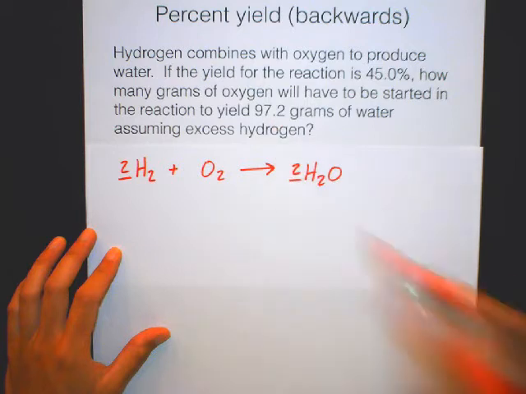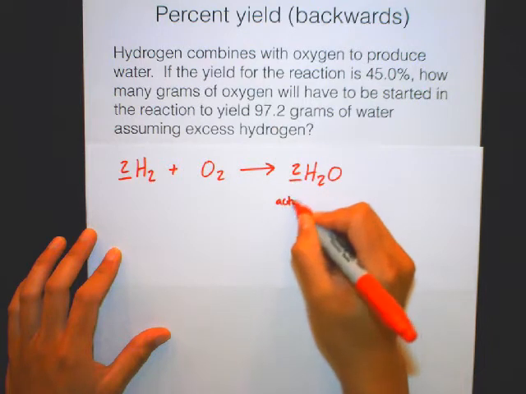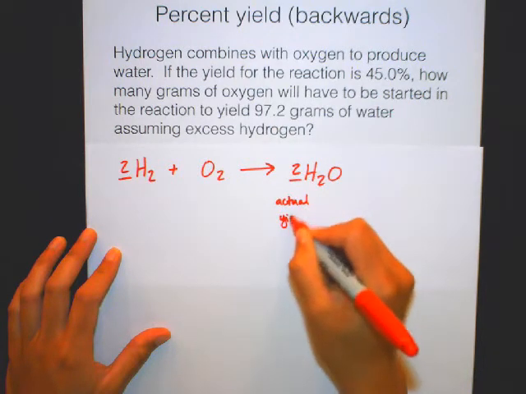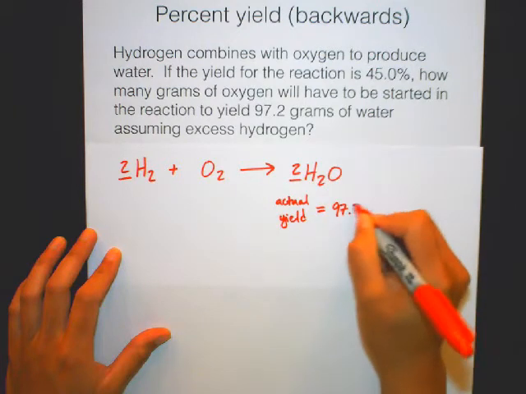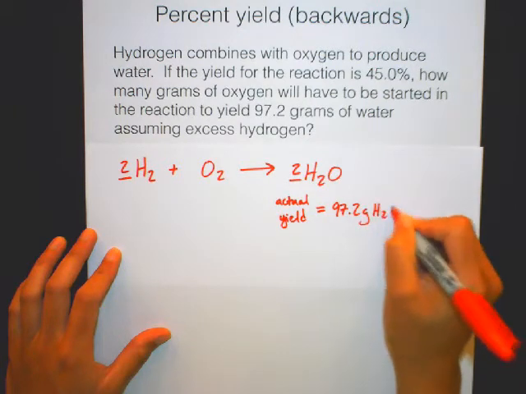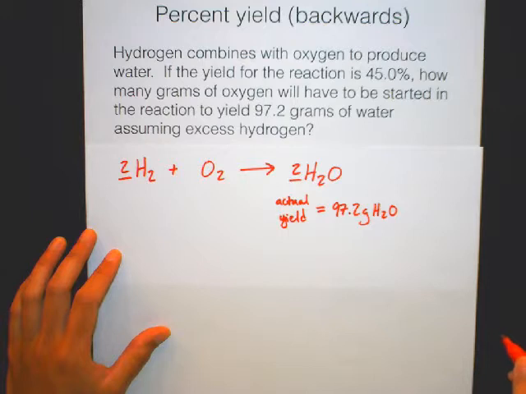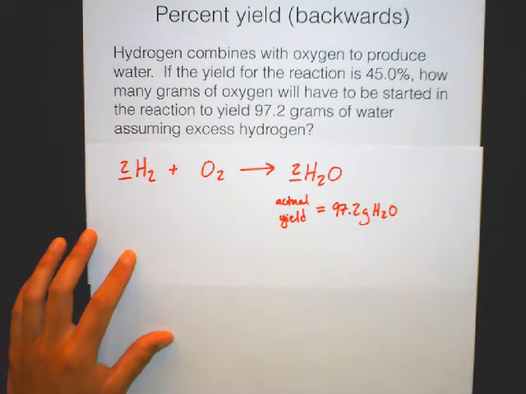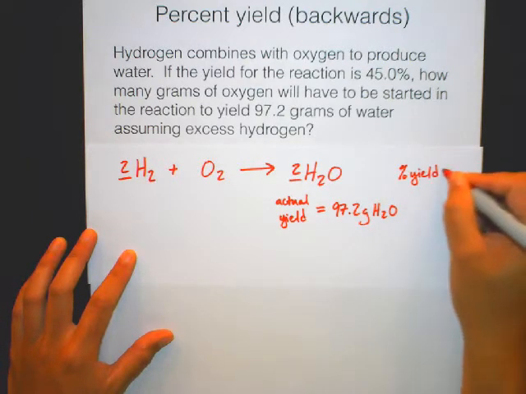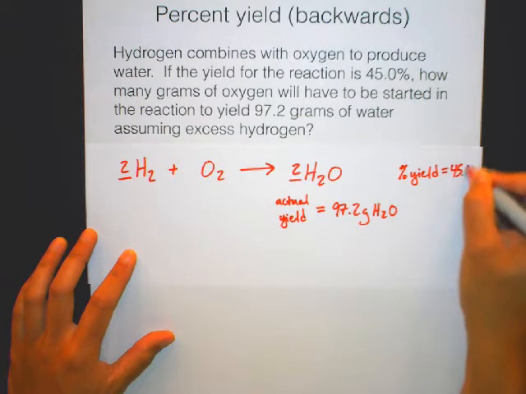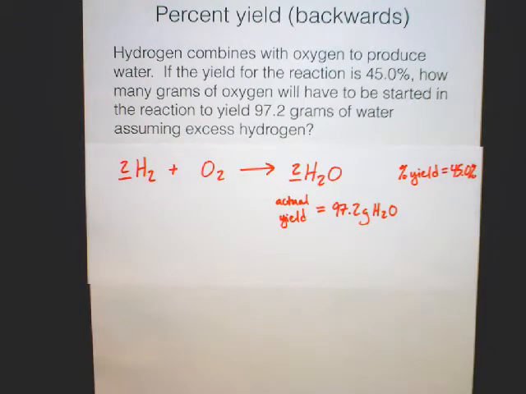And again, we can label our important parts here. We know that the actual yield is 97.2 grams of water. And we do know the percent yield is 45.0%.